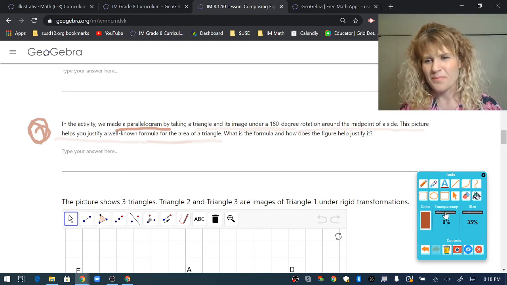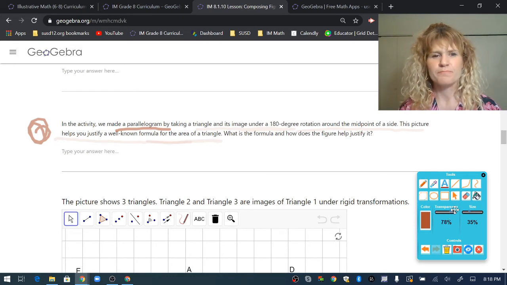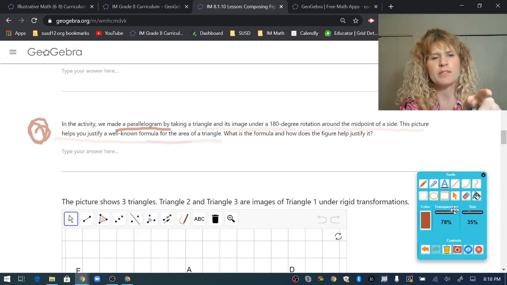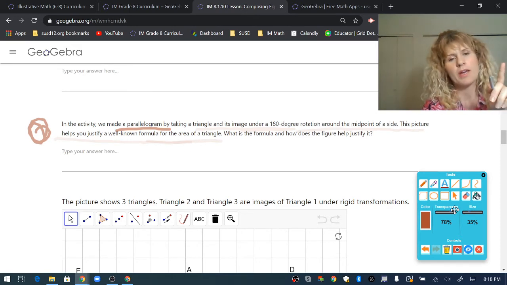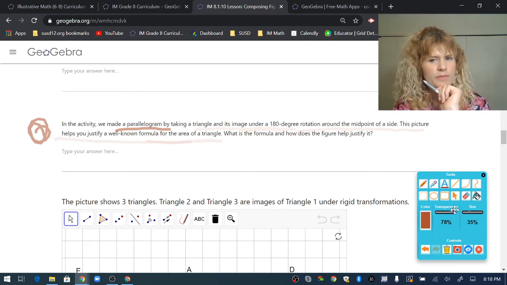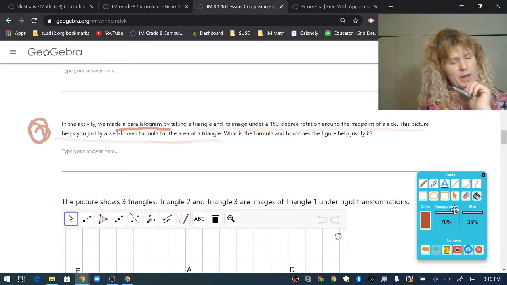Okay, so think about that first. It says, this picture helps you justify a well-known formula for the area of a triangle. What is the formula and how does the figure help justify it? Okay, think, what is the formula for area of a triangle?